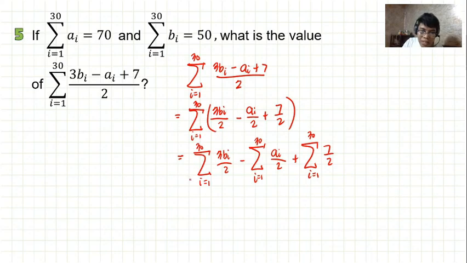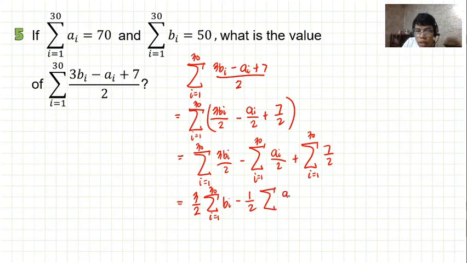So from that, using property 2, I can place the numbers outside the summation. So I have 3 halves summation of b sub I is from 1 to 30, minus 1 half summation of a sub I is from 1 to 30, plus summation of 7 over 2, I is from 1 to 30.